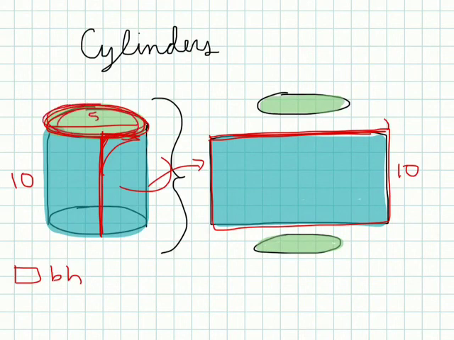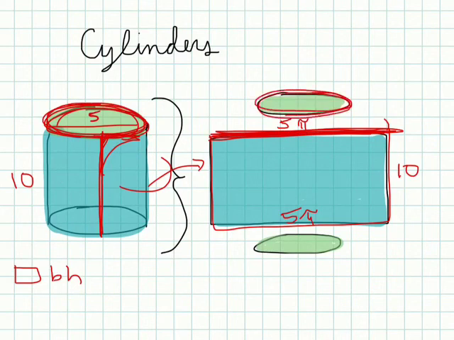So let's say this is 5 times pi. So this could be here 5 pi. Or this one too, same thing, 5 pi. So the length of your rectangle is the circumference of the circle. And then you can know that this so far is 50 pi.